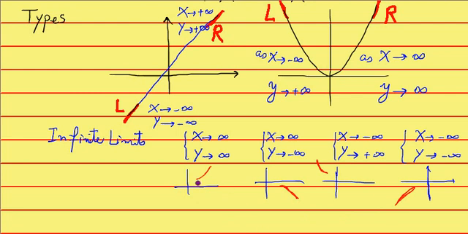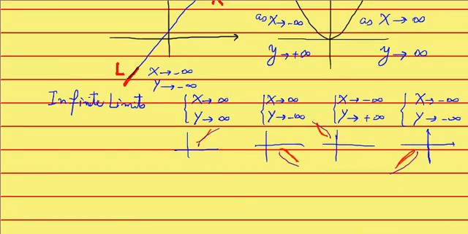It could be that the function went to infinity like this, or went to infinity here like this, or here perhaps bent this way and went, or this one bent in this style and went. So long as you are in the correct quadrant, that would be okay. So that's infinite limits.